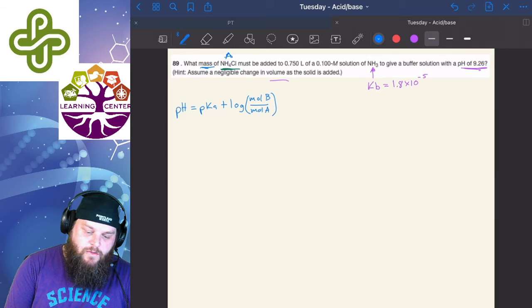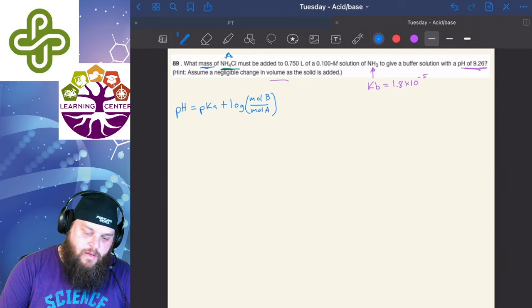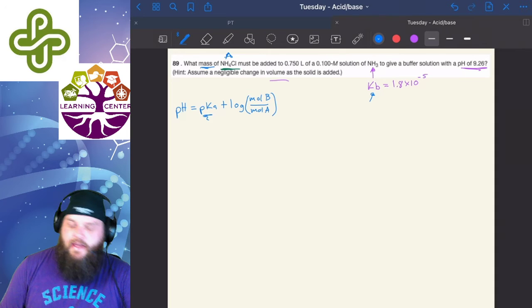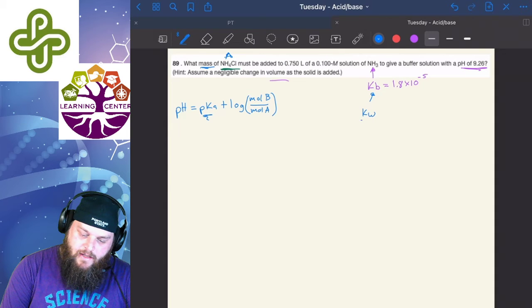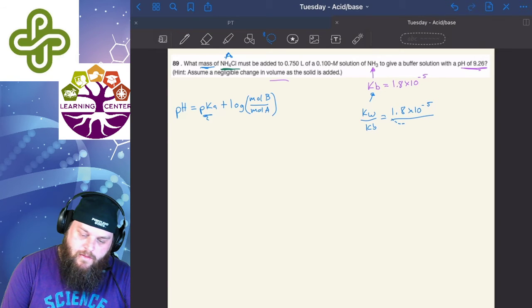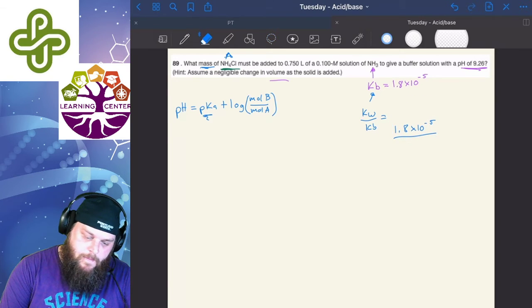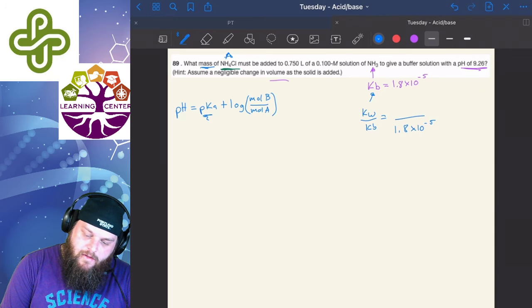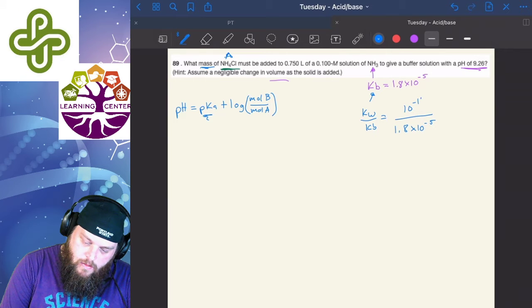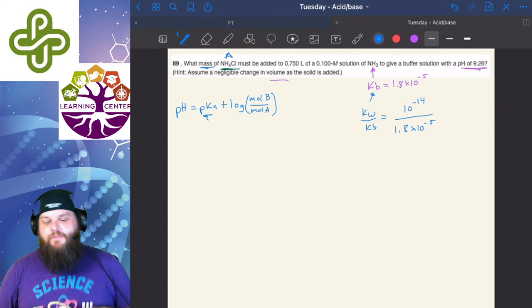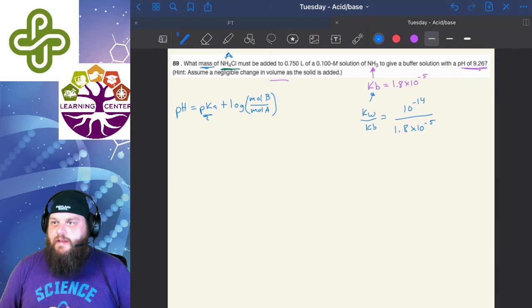To find all the variables we need in here, we need the pKa. To do that, we need to use the Kb value to find the Ka. That's Kw divided by Kb, which is going to be equal to 10 to the negative 14 divided by 1.8 times 10 to the negative 5.